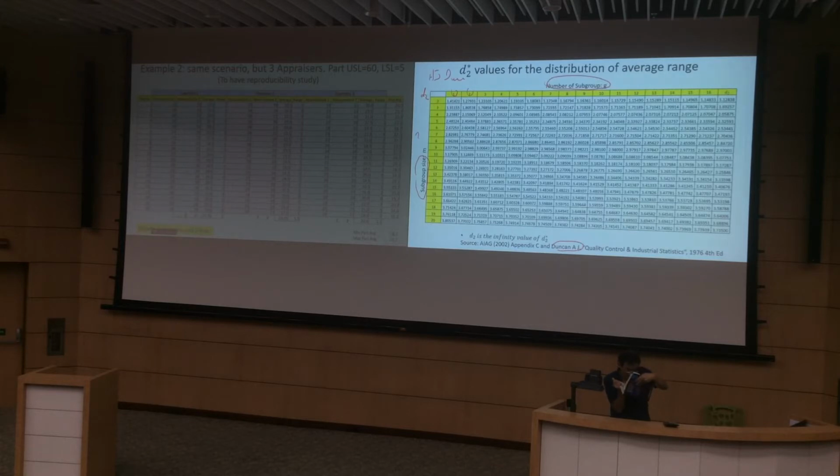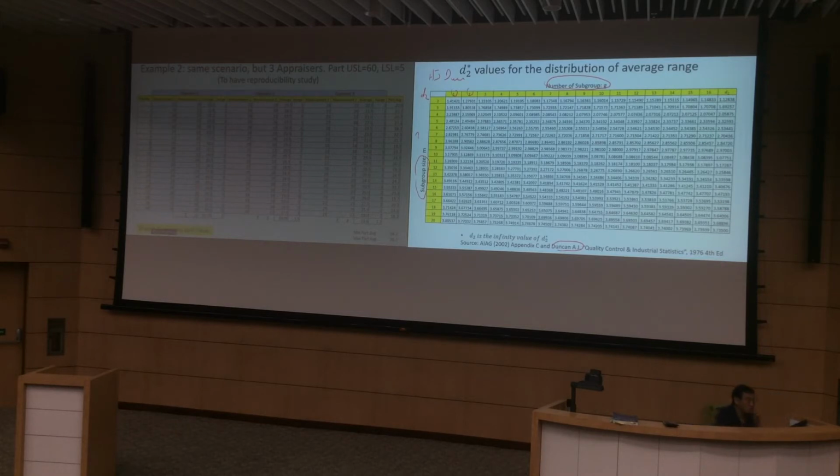Some numbers are 3 digits. d2 is 3 digits only. This guy gives you up to 5 digits. Minitab makes use of this table. When you calculate it, Minitab gives the value from the table instead of the value we have here. Minitab has more decimal points. It makes use of this table by A.J. Duncan.